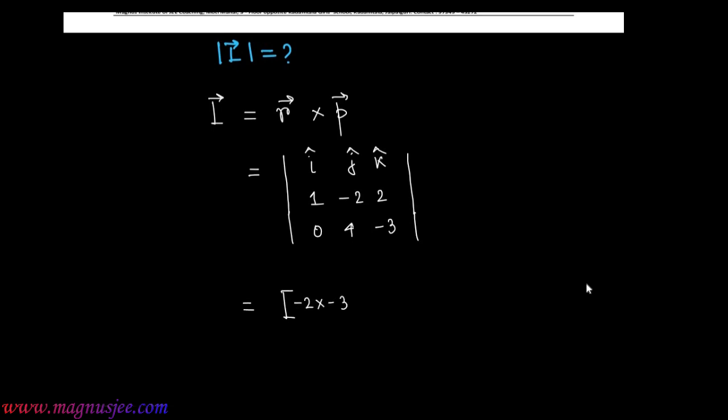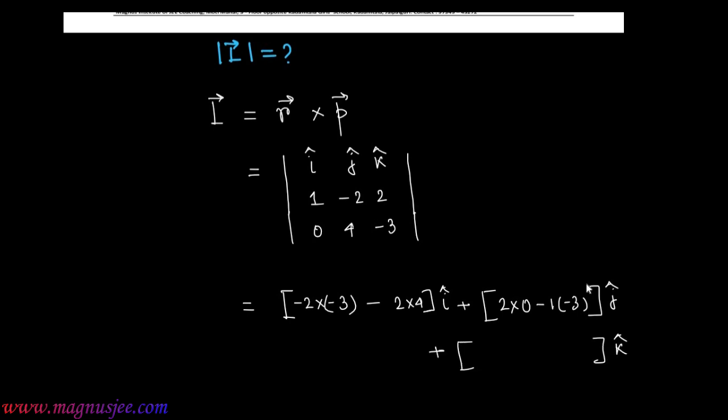Then we give the bracket with i cap, that is minus 2 into minus 3 minus 2 into 4 i cap, plus the component with j cap, that is 2 into 0 minus 1 into minus 3. Then with k cap we write 1 into 4 minus minus 2 into 0.